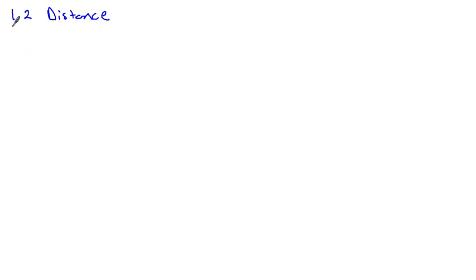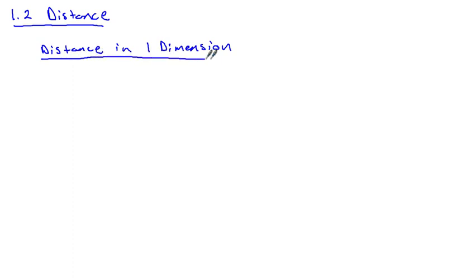So first, we're going to talk about distance in one dimension. Okay, distance in one dimension. And what that means is if you think about a number line, right? You've done this before.